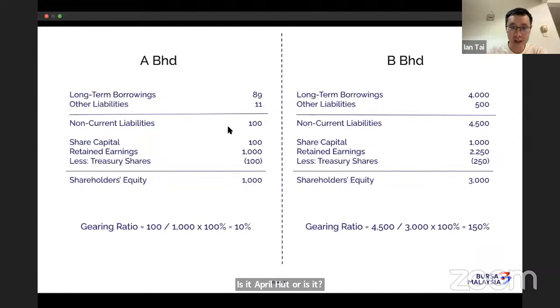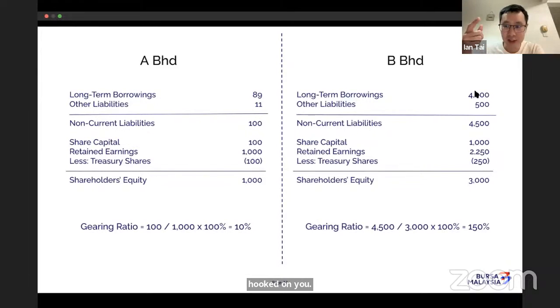All right, A Berhad is actually more conservative. So for B Berhad, whether it's good times or bad times, when you have such level of borrowings, no matter what situation, you have to pay interest costs. You got hutang, you bayar the faedah.